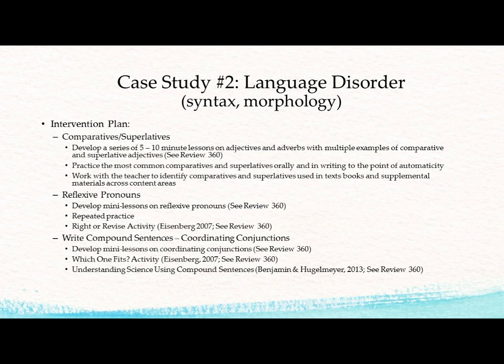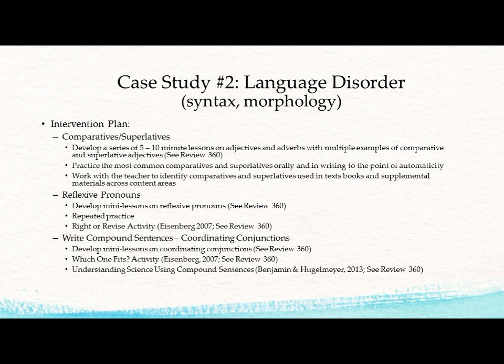And then work with the teacher to identify comparatives and superlatives used in textbooks and in supplemental materials across the content areas to make sure that you are reviewing classroom materials and classroom instruction and providing grade level material as you work on comparatives and superlatives.